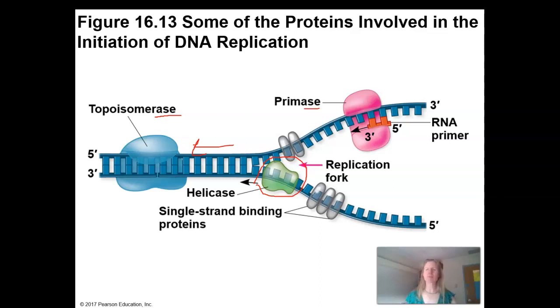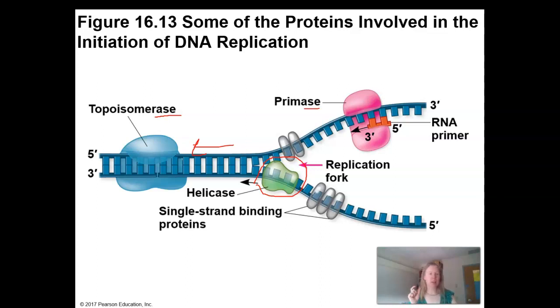Okay. So now we have this open replication fork, and to start things off, what we're going to use to mark the area where new DNA should get built is a little segment of RNA. Now they're putting this in red. It's called an RNA primer.